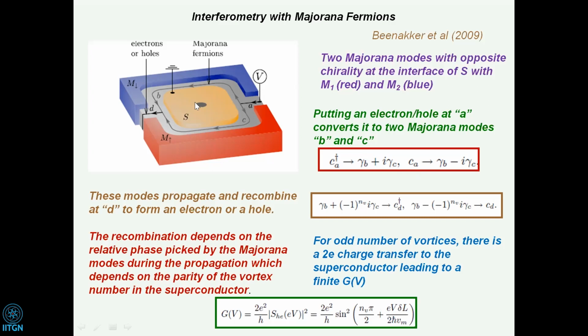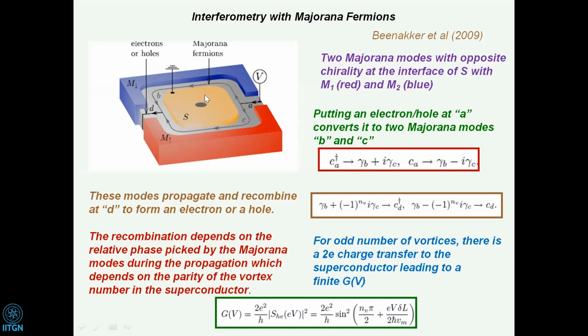Okay, so this is a spontaneous conversion from electrons to holes through these Majorana fermions and vortices, and therefore, if you measure the current through this, every time a 2e charge goes in out here, you have a conductance of 2e squared over h bar.